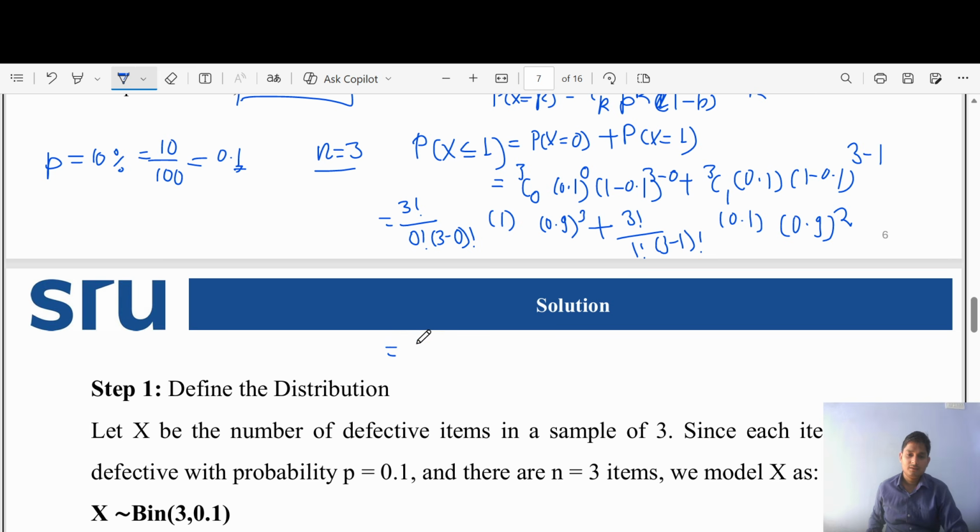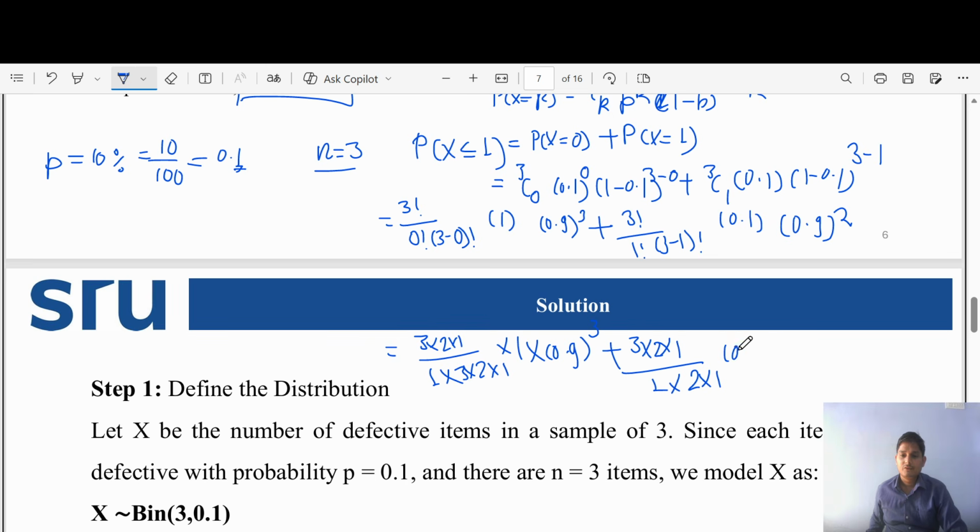Three factorial means 3 into 2 into 1. 0 factorial means 1. 3 minus 0 factorial means 3 factorial, which is 3 into 2 into 1, times 1, times 0.9 to the power 3, plus 3 factorial, 3 into 2 into 1, over 1 factorial into 3 minus 1, which is 2 factorial, 2 into 1, times 0.1 times 0.9 whole square.